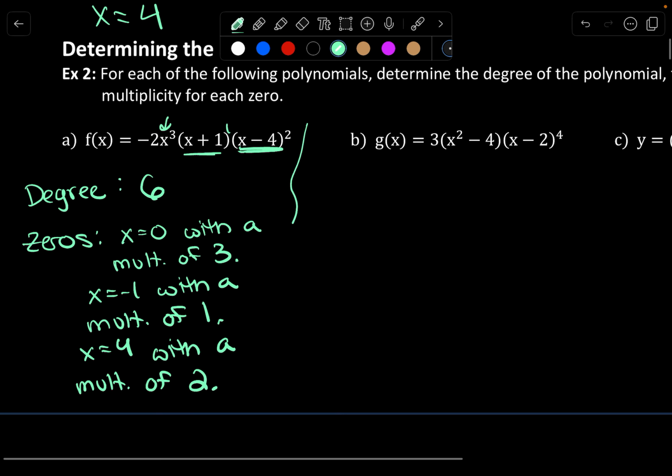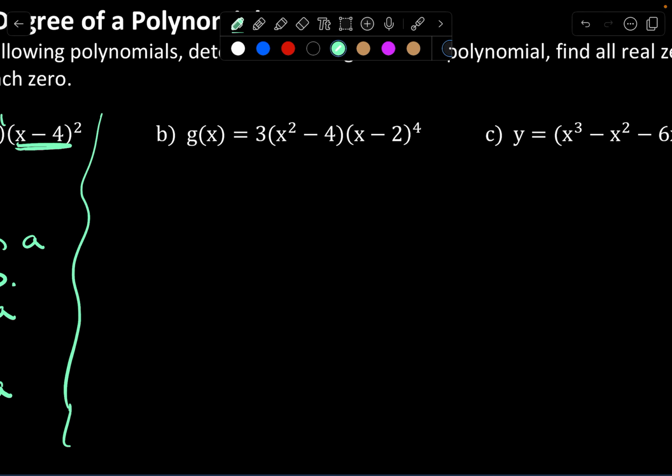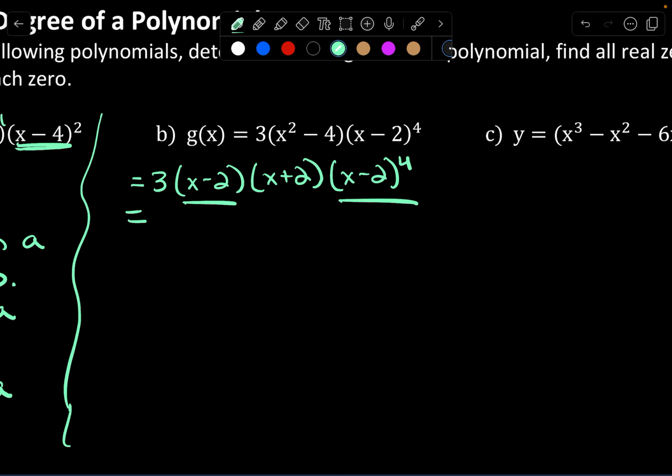All right, part B, we'll do the same steps that we did for part A. This one is almost fully factored, but we have perfect squares in here, or a difference of squares. So we'll rewrite this as 3x minus 2, x plus 2, times x minus 2 to the power of 4. And to see the true multiplicity of each of the zeros, we need to combine when they are the same.